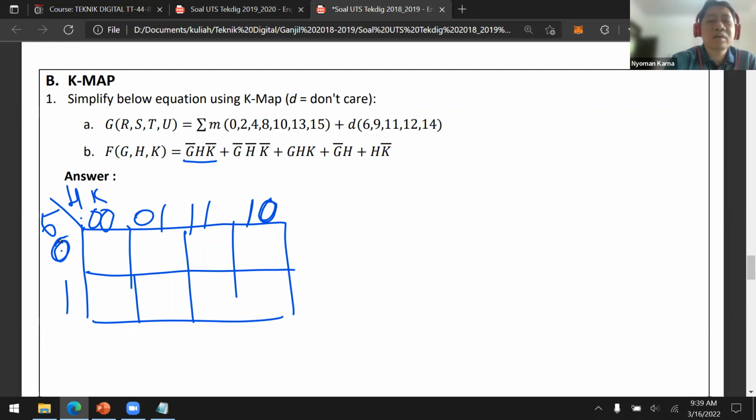So it will identify this cell, which is G naught, H, K naught. Now, G naught, H naught, K naught, so all of them are 0, 0, 0. This is the one. Now, G, H, K, all of them are 1. So this is the one.